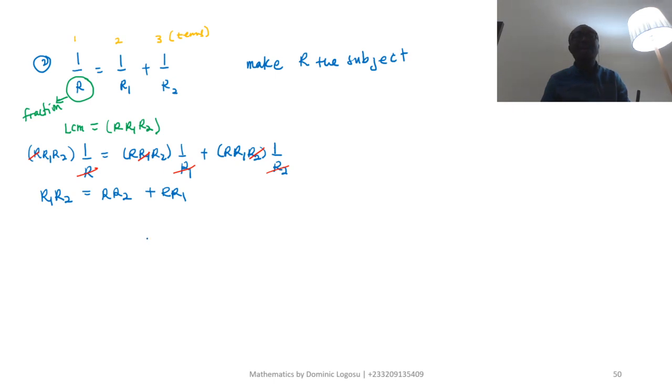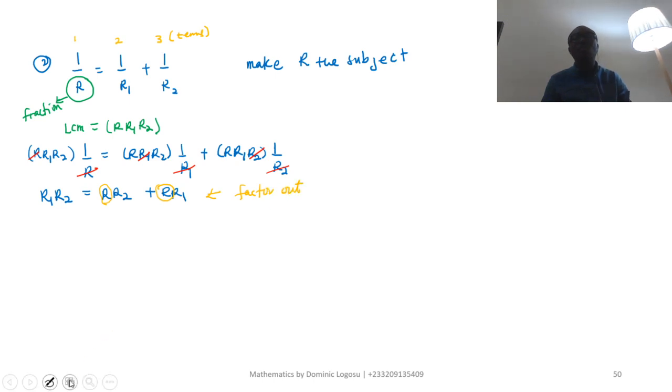Now, they are saying you should make R the subject, just like the very first equation we solved. Making R the subject means that we need to identify whether R is at both places or we just have only one R. When we look at this closely, we have R here and R here. So it means that we would have to do something called factoring out.